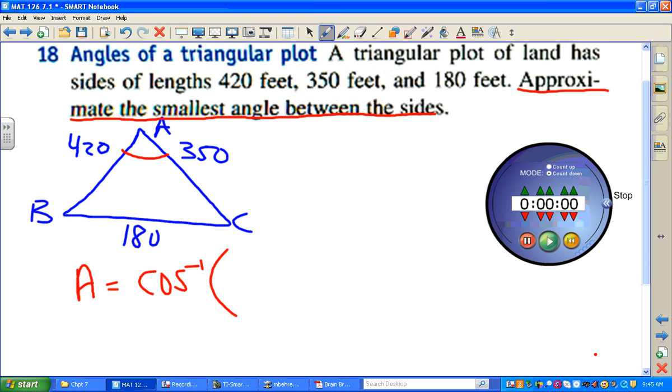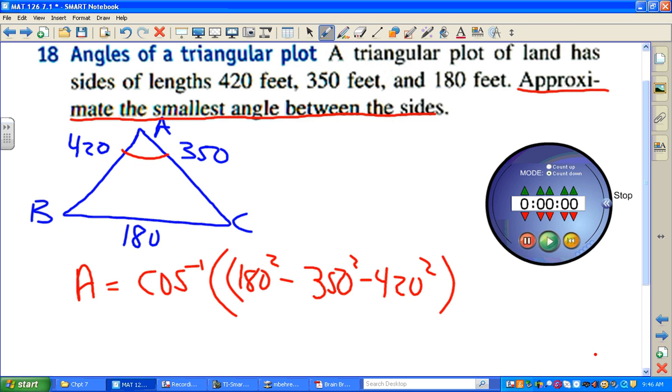Nice. All right. Hopefully you knew you were finding angle A. Got 25. And hopefully you took 180 squared minus 350 squared minus 420 squared. It says the smallest angle. You're trying to find the angle between 420 and 350.